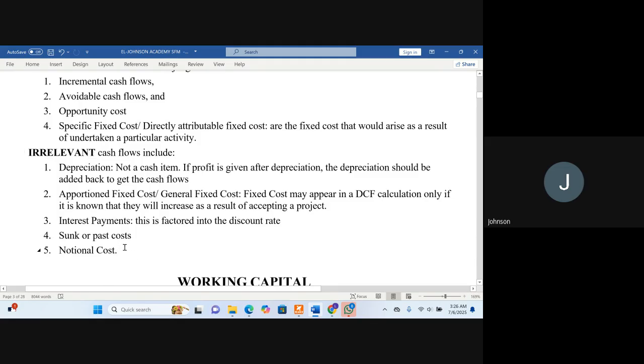They call it a notional cost. A notional cost is not a relevant cost. Now, what is that notional cost? The notional cost is that 5 million that we say we would have rented that house to our outsider. Okay, that 5 million is not relevant.